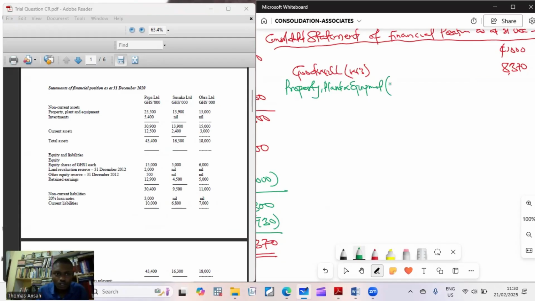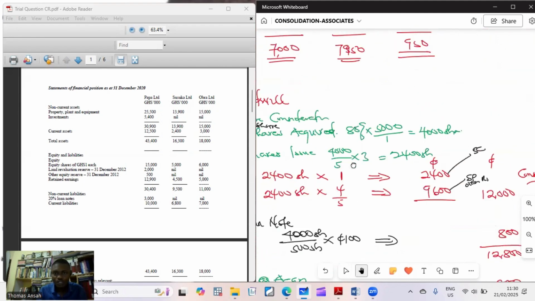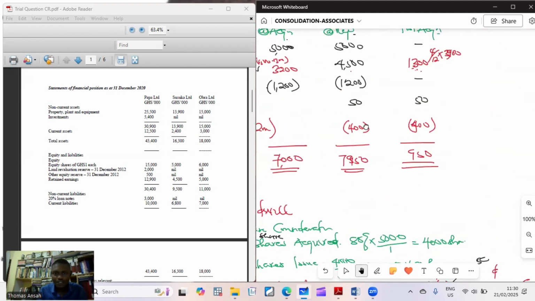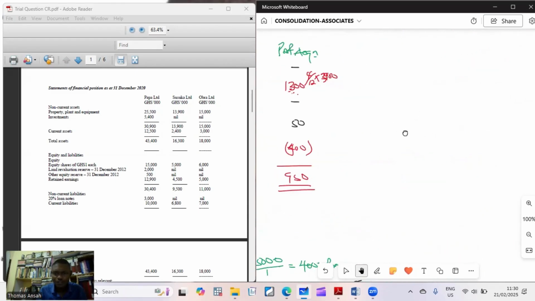So we have 25,500 plus 13,900. Then you come to your workings 2, those things that were there at reporting. These are all part of property. This is part of inventory. So you have minus 1,200 plus 50.